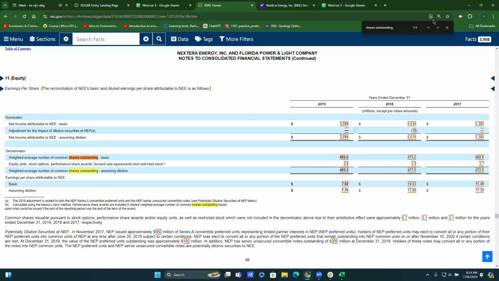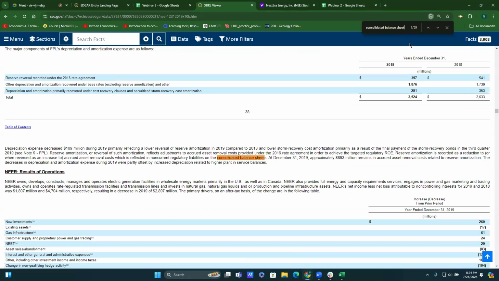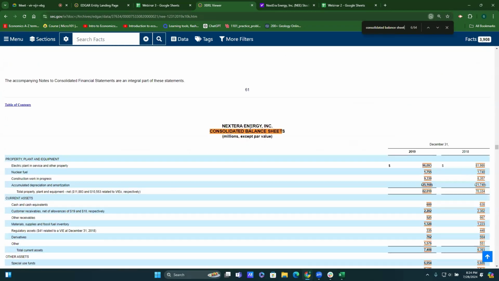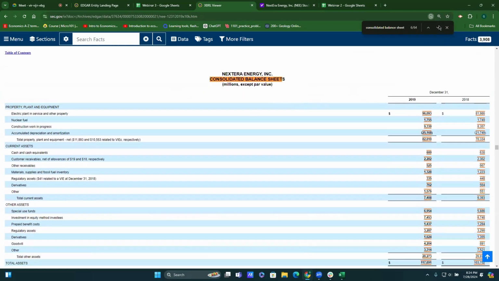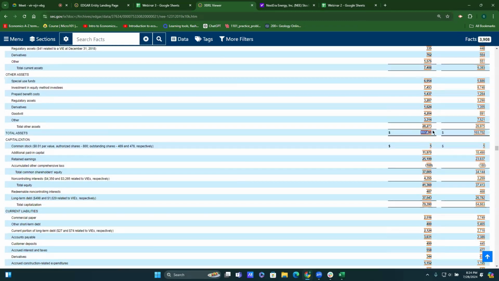Now we're going to look at our balance sheet. Going to do consolidated. We've got to go back. Balance sheet. Consolidated balance sheet. Okay, we're here. Total assets. I know that balance sheets are supposed to balance, of course, but when we're doing this, assets is not going to equal your liabilities.